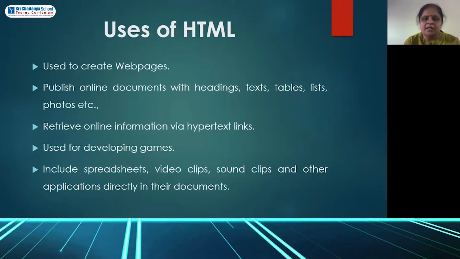It is also used for developing games, meaning we can even develop games using HTML tags. It includes spreadsheets, video clips, sound clips, and other applications directly in the documents.